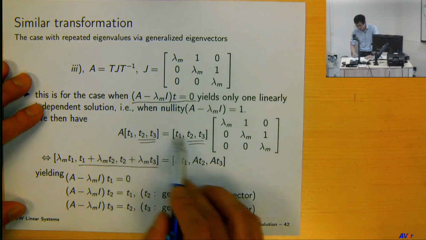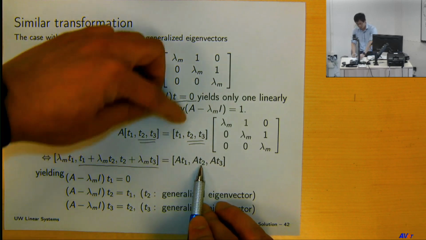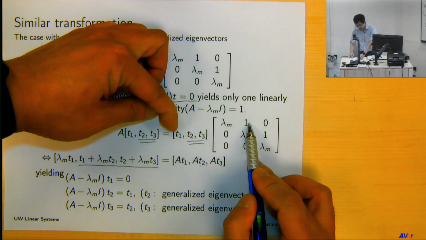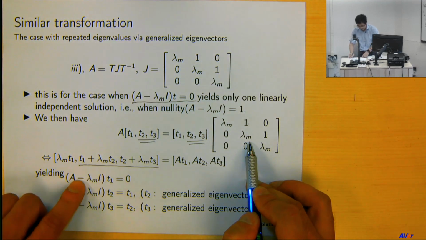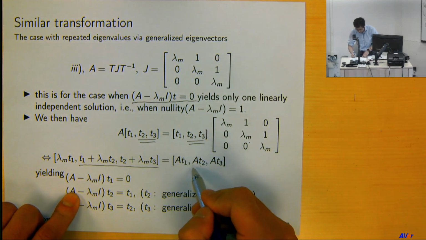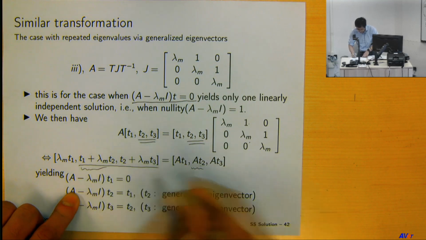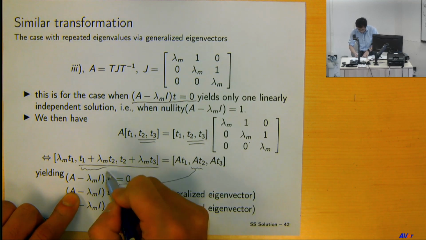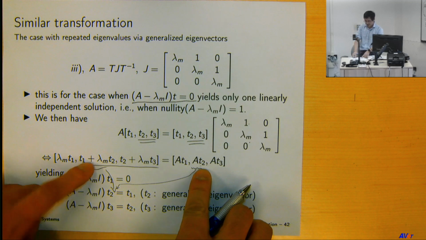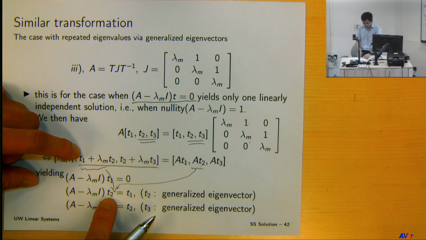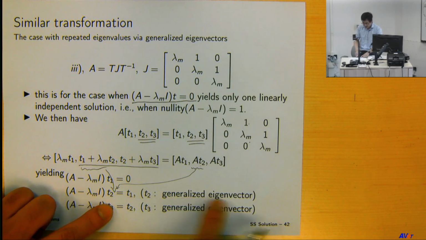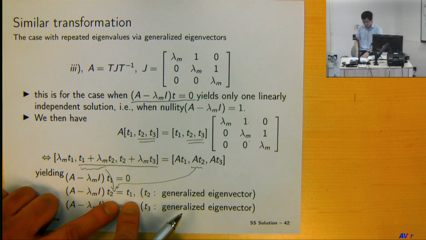A times T2 equals 1 times T1 plus lambda m times T2. That means A minus lambda m times I, times T2, must be equal to T1.